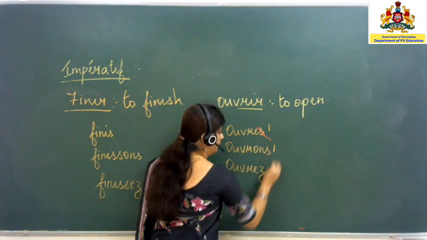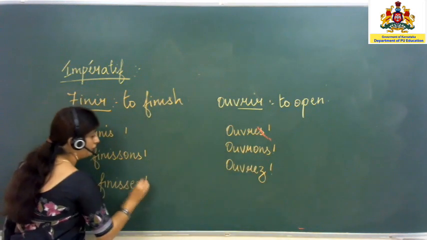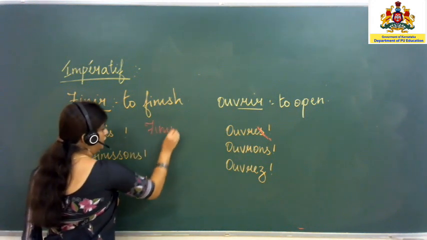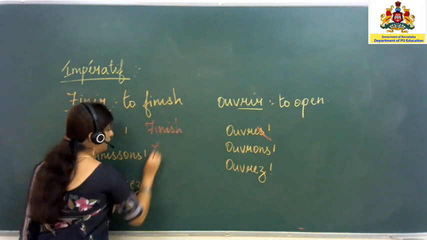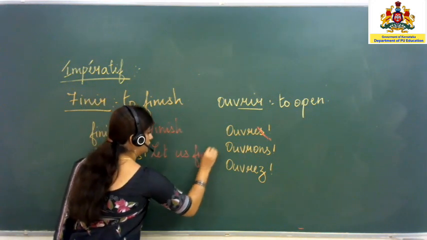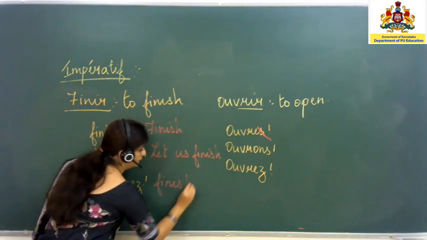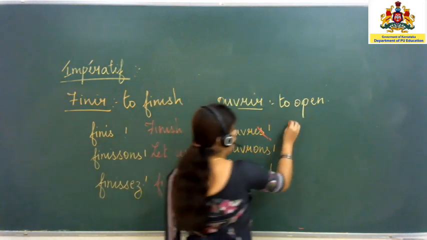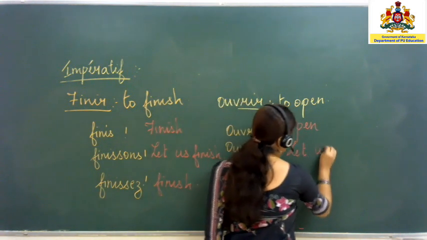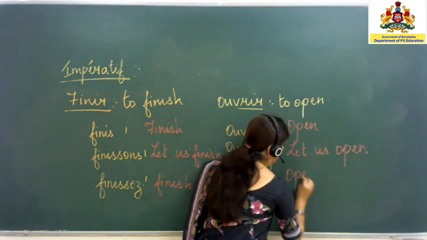This is the imperative of ouvrir. This is the imperative of finir. Now, if I translate, it means finish, let us finish, and finish. Here it means open, let us open, and open.